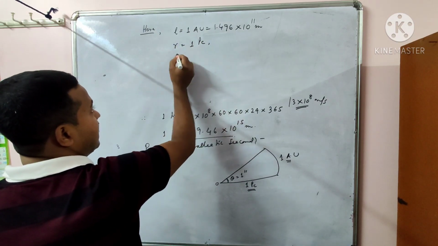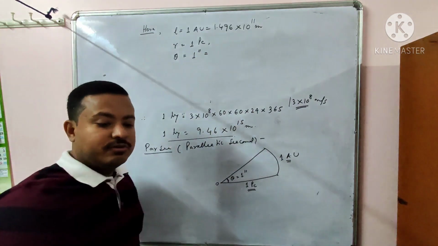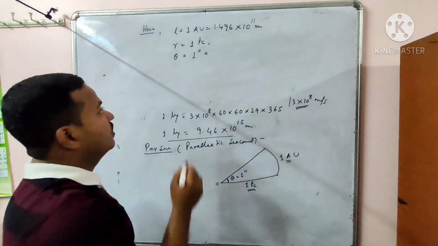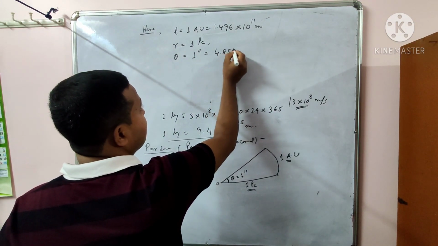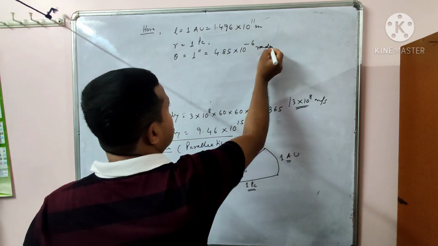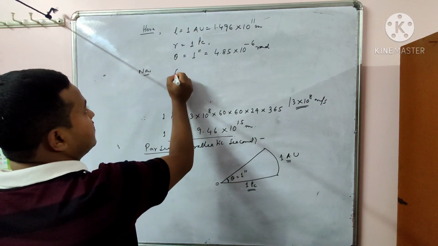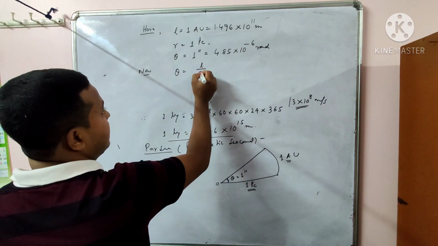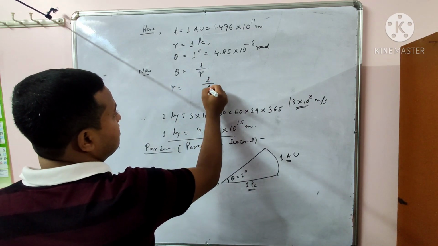The plane angle theta is 1 second, which you have to take in radian. Already I have given you the value, 4.85 10 to the power minus 6 radian. Now use the formula theta equals arc length by radius. So radius will be arc length by theta.